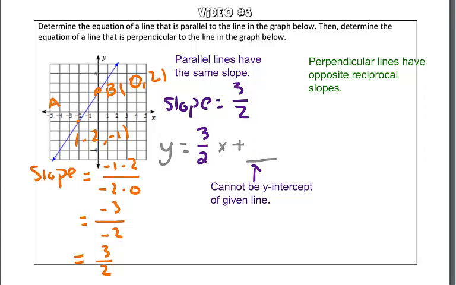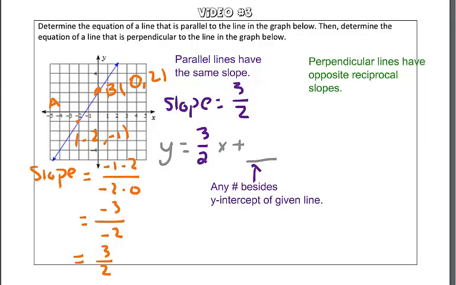That would work. But maybe my partner says, no, I don't like 6, I want to use 7. This equation also works because the key focus here is that the slope is exactly the same. Therefore, these lines are parallel. So again, it can be any number as long as it's not the y-intercept of a given line, because that would give us the exact same line.